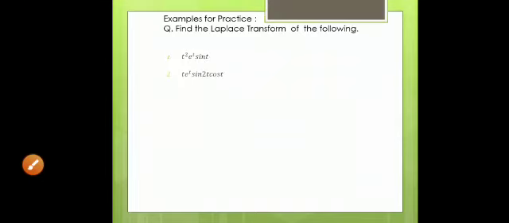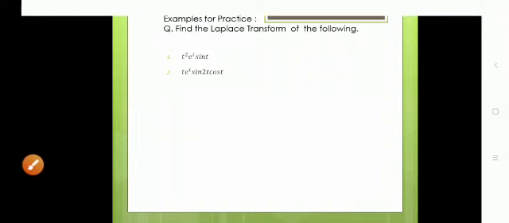The second example, t e raised to t sin 2t cos t. Obviously first you have to write this sin 2t cos t as a sum or difference of trigonometric functions, find its Laplace transform, then apply the multiplication by t property, and then apply the first shifting theorem.